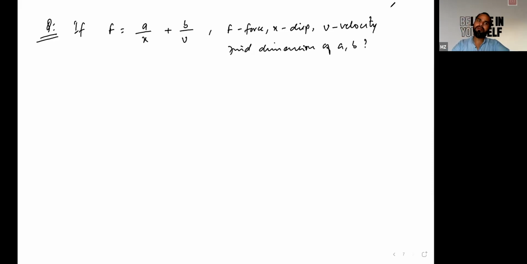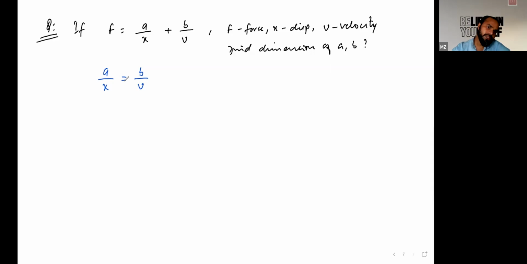Let me give you some hint regarding how to solve this part. Just see, we have two different parts. First is A over X and the second one is B over V, and they are related by a plus sign. According to the principle of homogeneity, if two quantities are related by a plus sign, it means the dimensions of these two terms must be equal.